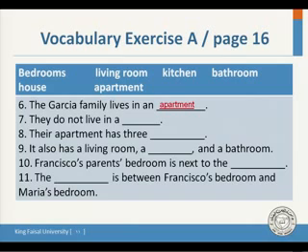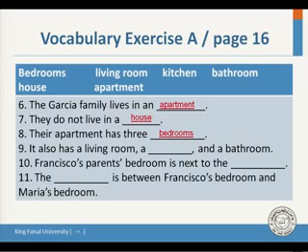Number 7. They do not live in a, they live in an apartment, so they do not live in a house. Their apartment has 3 what? Has 3 bedrooms.